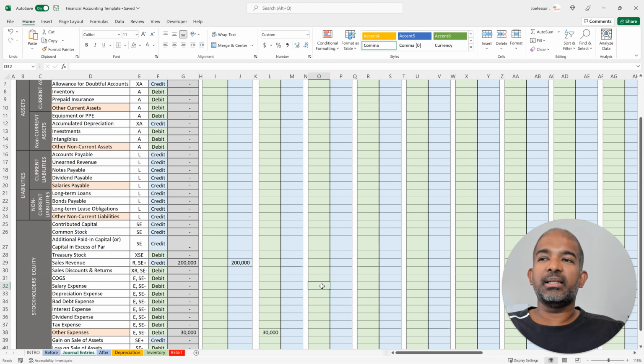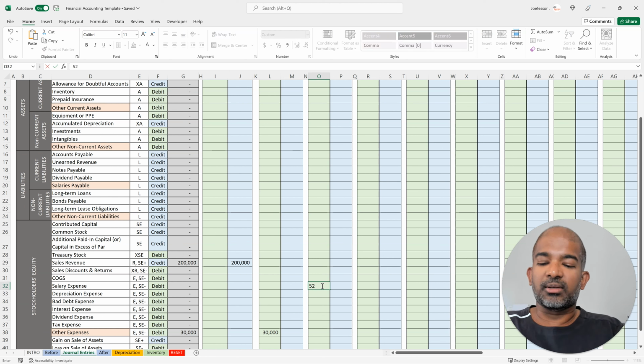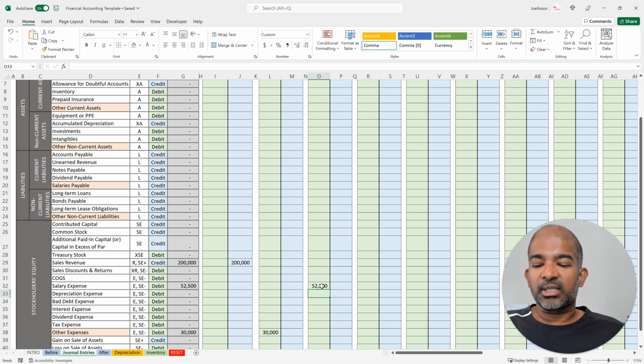So I'm going to debit salary expense 52,500. As you can already see, in order to use the template, you need to have some basic understanding of debit and credit. An understanding of journal entries helps you do things faster, having a template built.